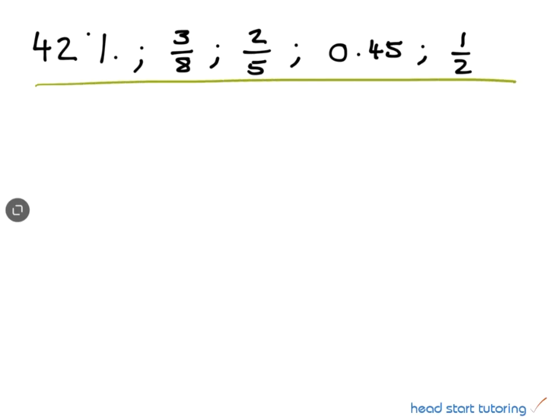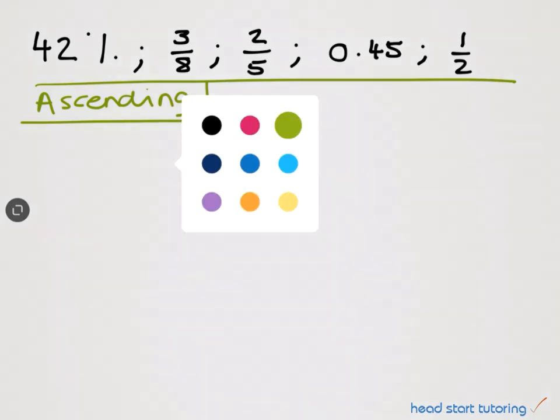If I would like to convert these fractions, decimals, and percentages into ascending order, or order them in ascending order, what I need to do is first convert all of these fractions, decimals, and percentages into one form. So let's choose to go with decimals.